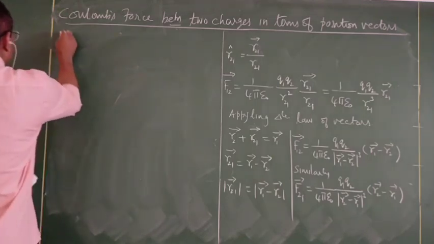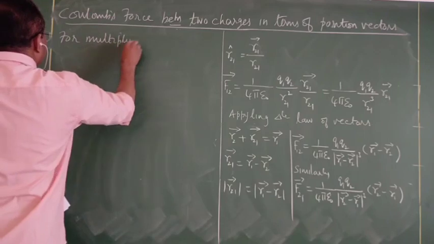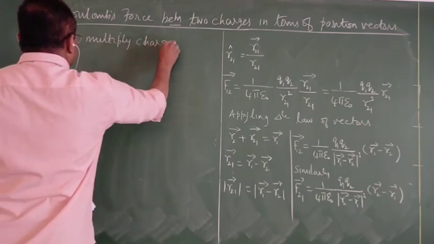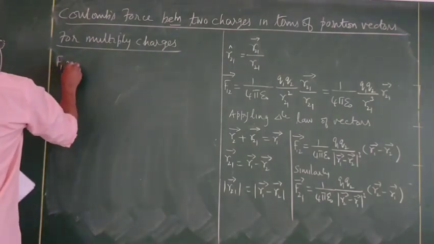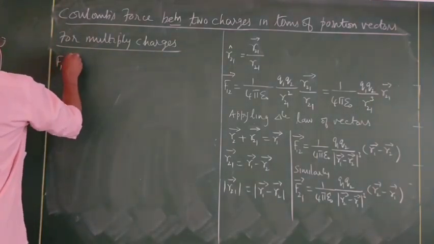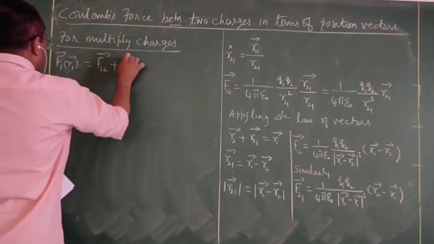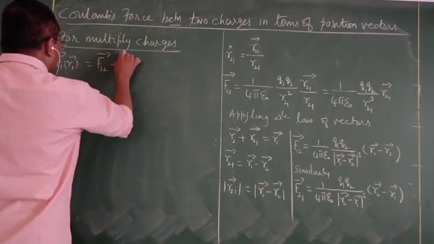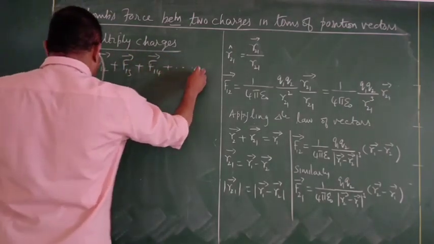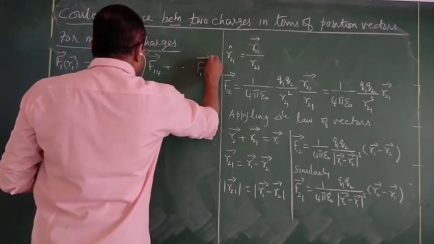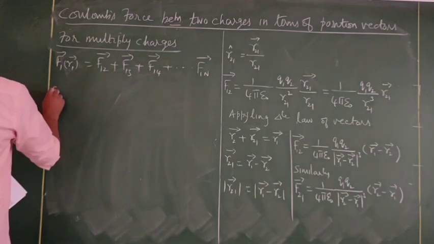Therefore, I say for multiple charges, F1 of R1 vector is F12 plus F13 plus F14 and so on. We can generalize the statement.